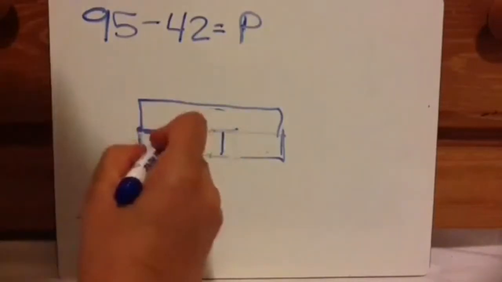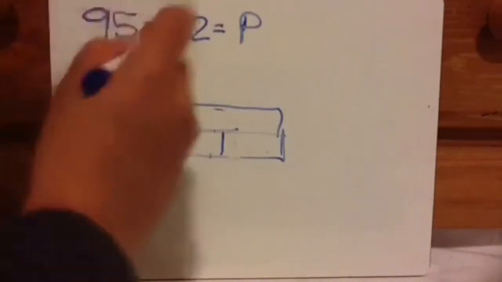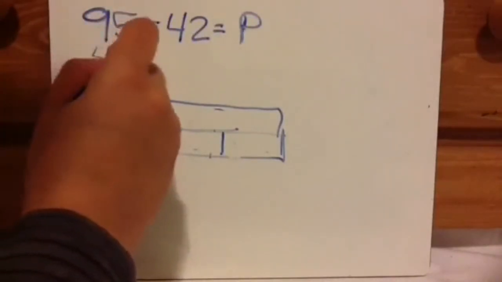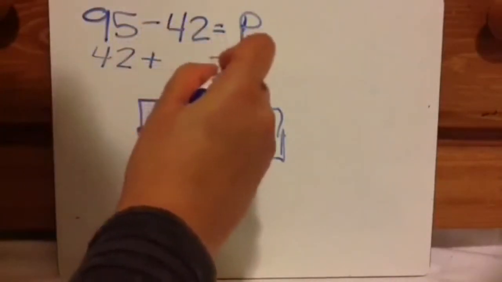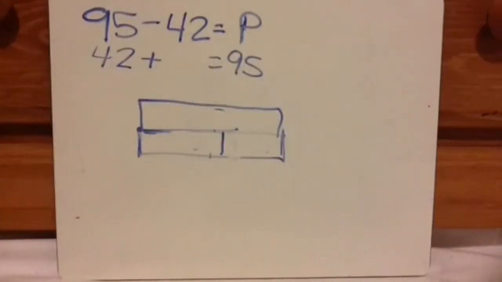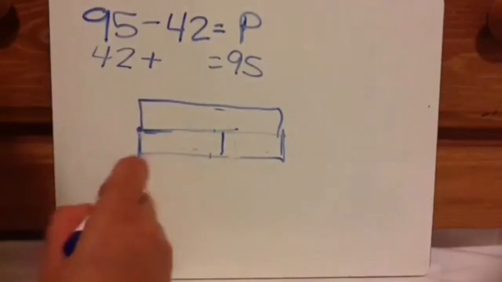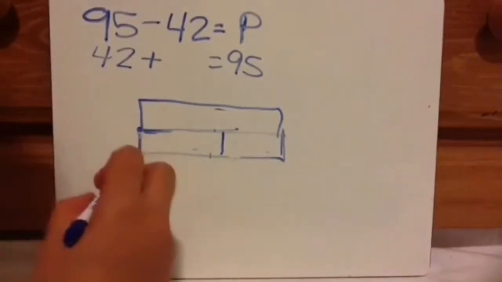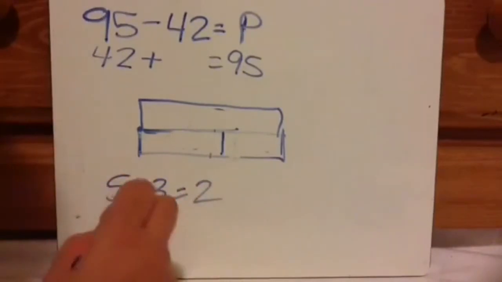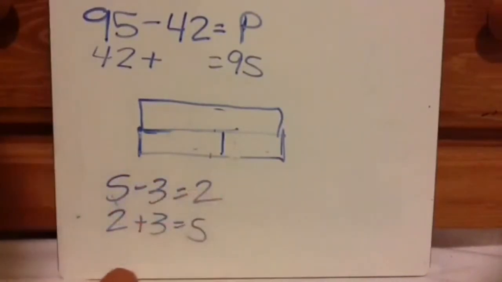So essentially, if you think of fact families, it's 42 plus something equals 95, correct? Think about it. If you had 5 minus 3 equals 2, your fact family is 2 plus 3 equals 5, right?